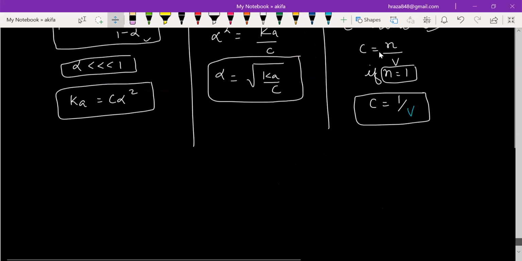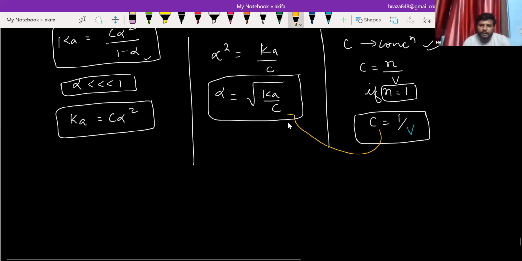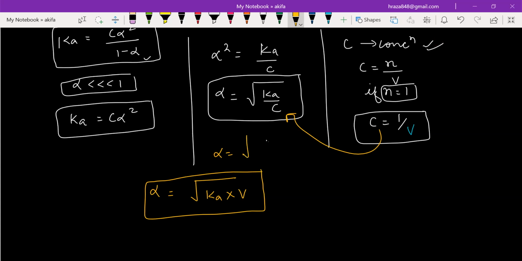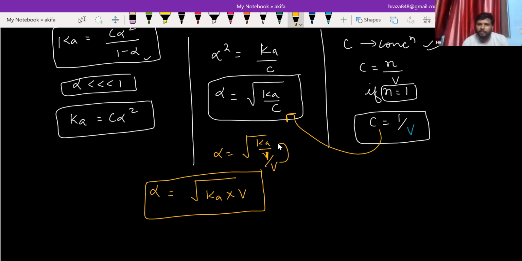Yes. So I'm going to put this value of C here, and alpha is equal to, it will be Ka into V. Can I write it? At the place of C, if you put 1 by V, 1 upon V, it will be in the denominator after solving it.